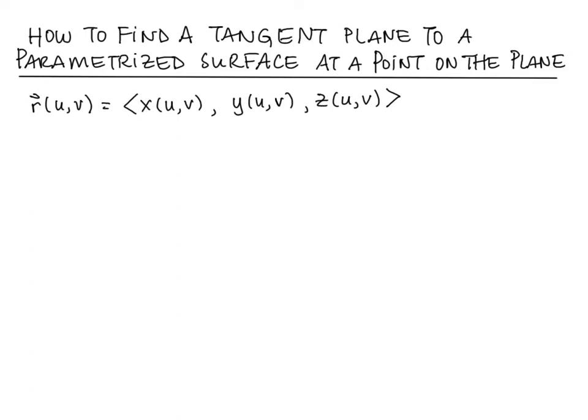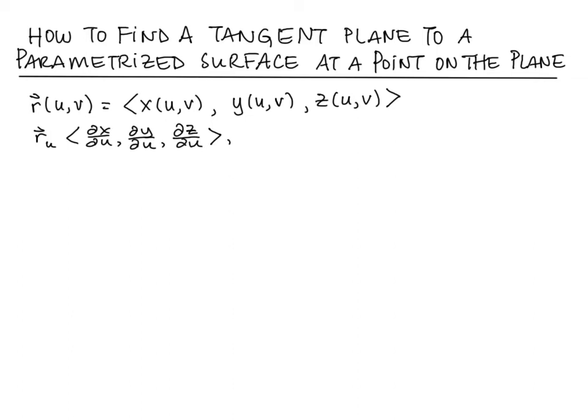Let's draw a picture of what we have. Without even looking at our surface yet, we can easily, just from our parameterization of our surface, identify two tangent vectors. So from this parameterization, we know that partial r partial u is going to be partial x partial u, partial y partial u, partial z partial u.